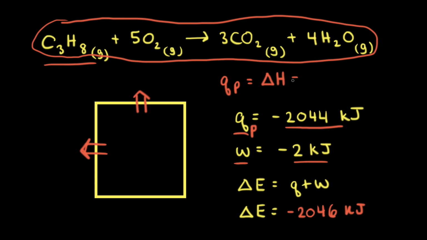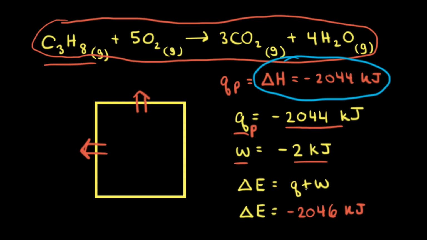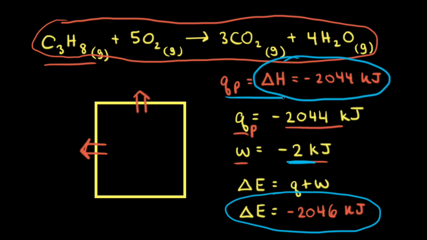So the change in enthalpy for the combustion of propane is equal to negative 2044 kilojoules. And notice how the change in enthalpy is almost the same value as the change in the internal energy. So the work done by the system is a very small amount in this case, and that's usually the case. And since most chemical reactions are done under constant pressure, chemists care more about the change in the enthalpy than they do about the change in the internal energy.